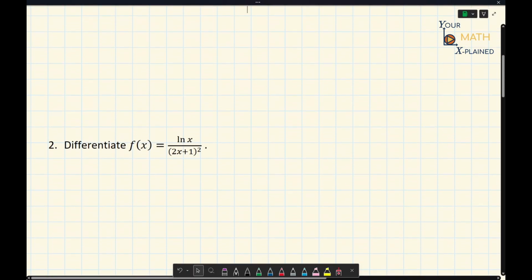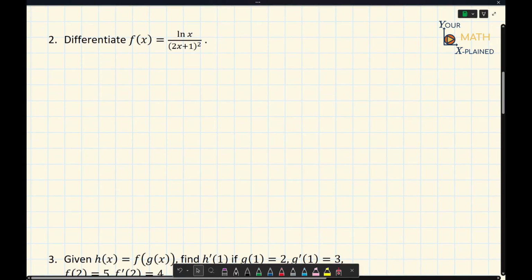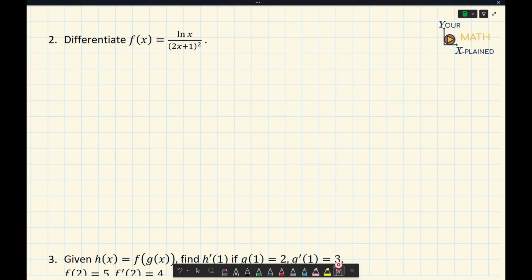Now for our second example, we are going to look at a problem that combines the quotient rule and the chain rule. Again, notice that the dominant operation here is division. And then within our denominator, we have a chain rule. So therefore, to find f prime, we're going to be applying our quotient rule, which means we are going to take the derivative of the numerator.